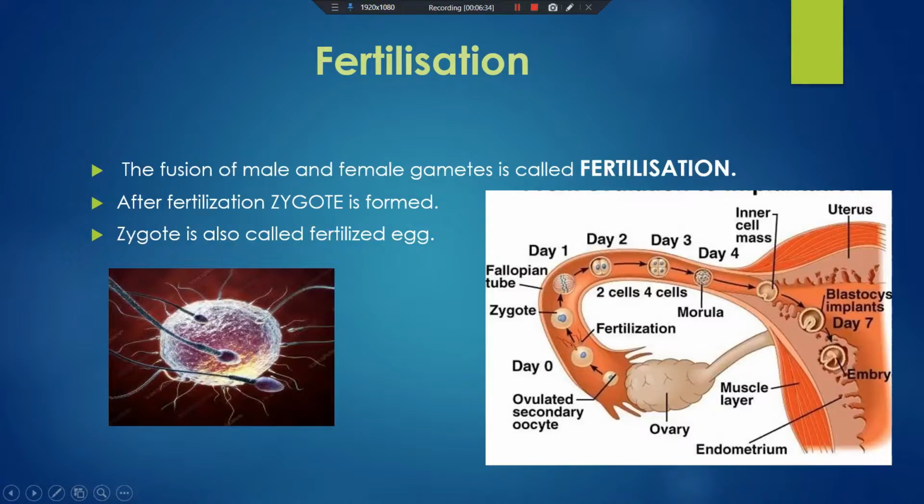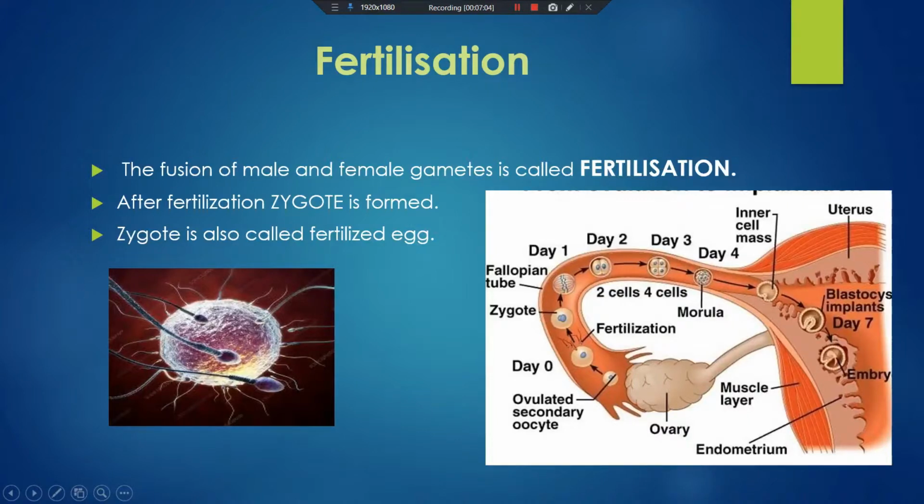This is the female gamete, the egg, and these are the sperms. Sperms have a head, middle piece and tail, and they are motile, while the eggs are non-motile. Here are the differences between egg and sperm. Both are single cells, but the egg is non-motile while the sperms are motile. Sperm have a tail, eggs do not.